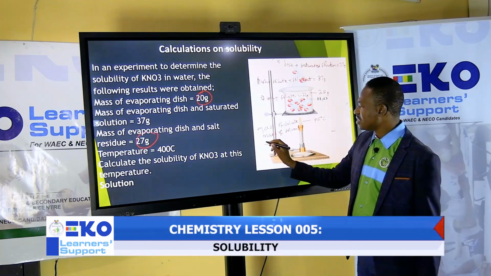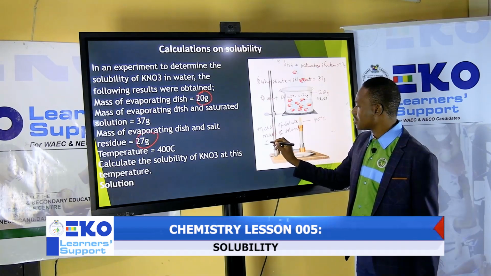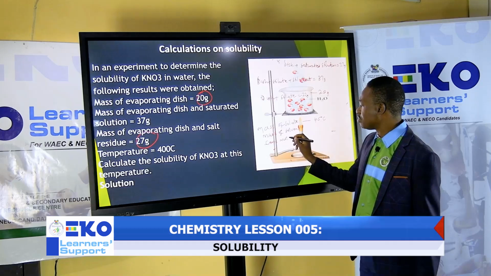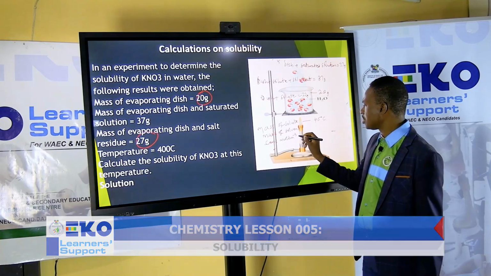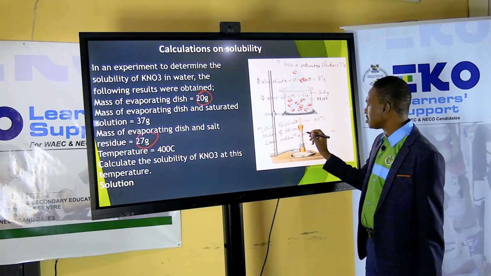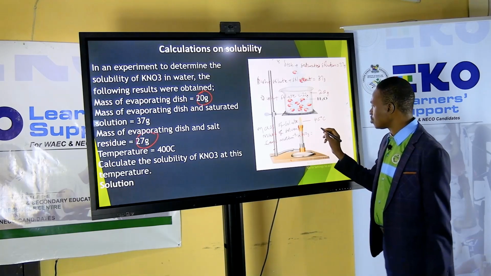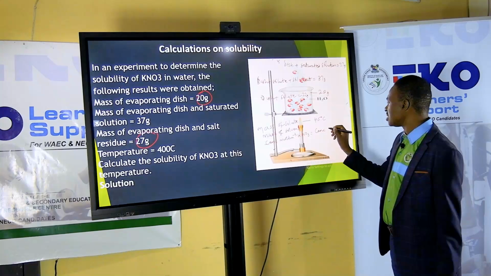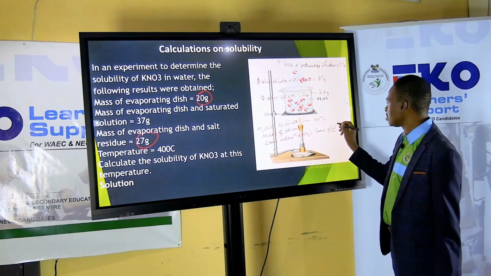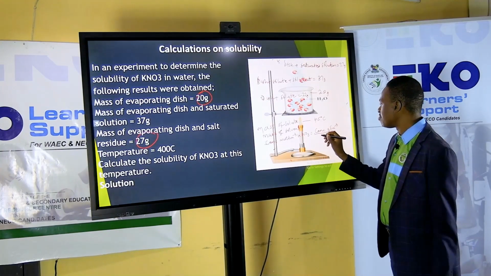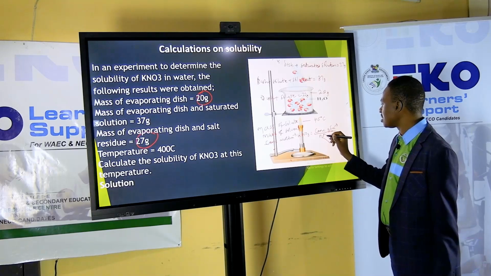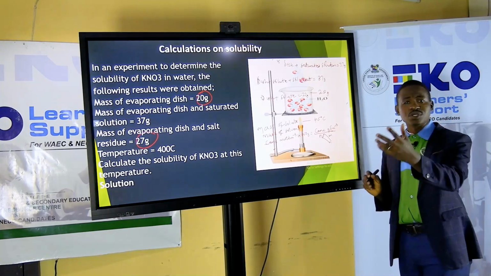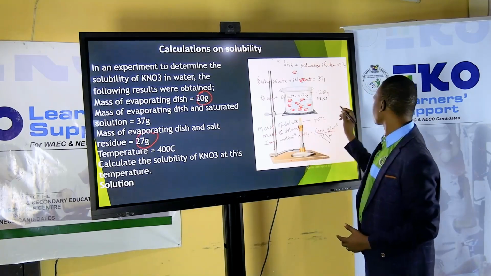Thirdly, we need to remember that the concentration, which is the solubility, in mole per dm cube of that particular salt is equal to concentration of that salt in gram per dm cube over molar mass. Yes. Now, how do we go about this?